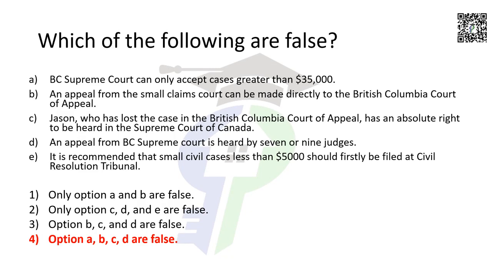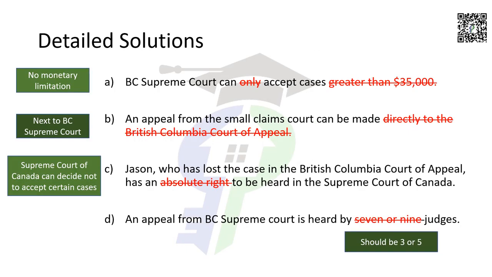Options A, B, C, D are false. As for A, BC Supreme Court has no monetary limitation. As for B, an appeal from Small Claims Court can be made to BC Supreme Court. As for C, the Supreme Court of Canada can decide not to accept certain cases such as small cases. And D can be heard by 3 or 5 judges instead of 7 or 9 judges.